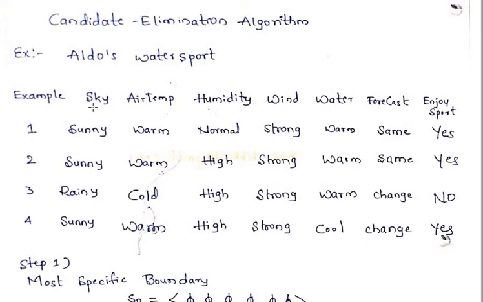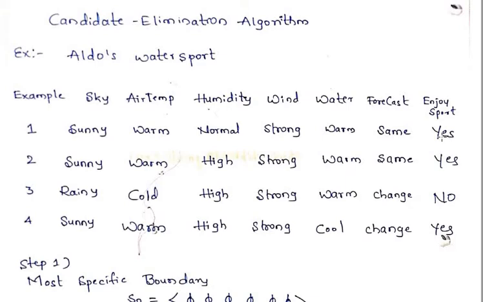So these are our attributes: sky, air temperature, humidity, wind, water, forecast, and this is the expected output. On the first day the sky is sunny, air temperature is warm, humidity is normal, wind is strong, water is warm, and forecast is same. On that day Aldo wants to play the game. Yes means it is a positive classification.